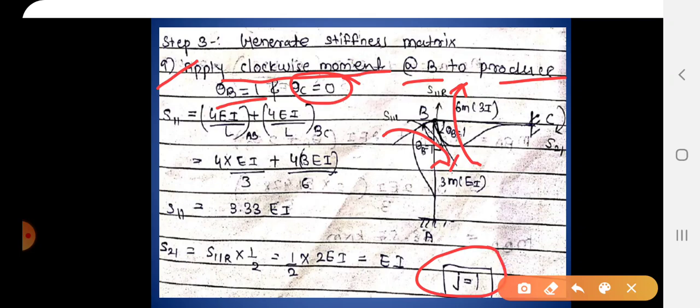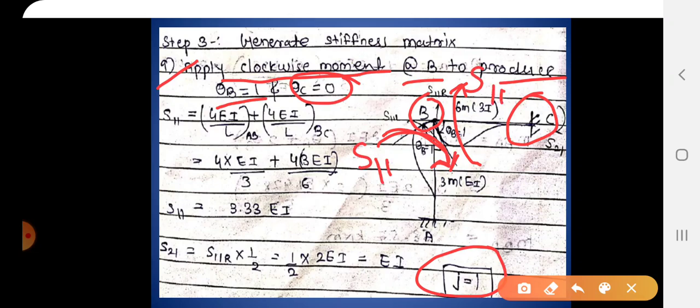Now B is the point of the first redundant, therefore I is equal to 1 for the B end, and C is the point of the second redundant, therefore I is equal to 2. So concentrate on these moments again. Action S11, and this will also be S11.